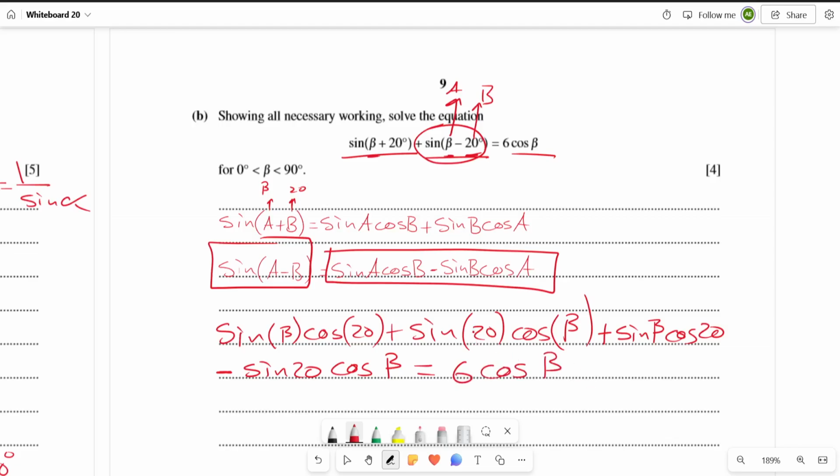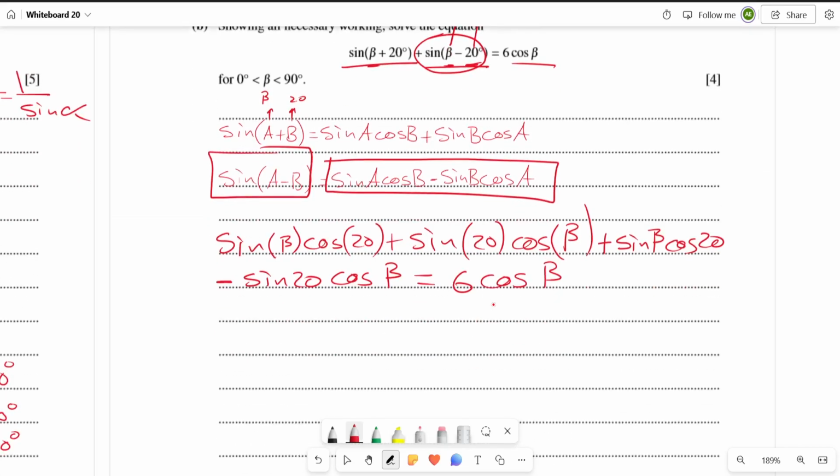So let's see how we can simplify over here. Straight away, I can see that I have minus sine 20 cosine beta, and I have a sine 20 cosine beta. So sine 20 cosine beta minus sine 20 cosine beta, they basically both will cancel. And I can see that this term, sine beta cosine 20, sine beta cosine 20, they are the same term and they're added together.